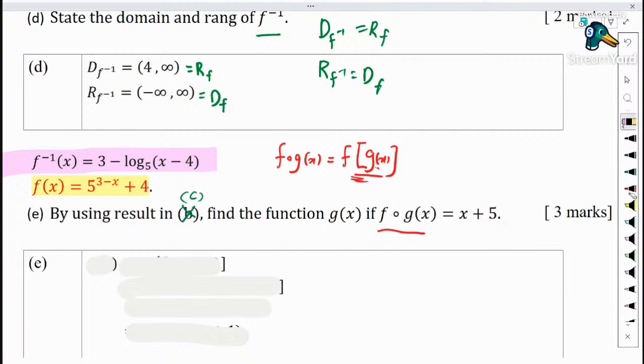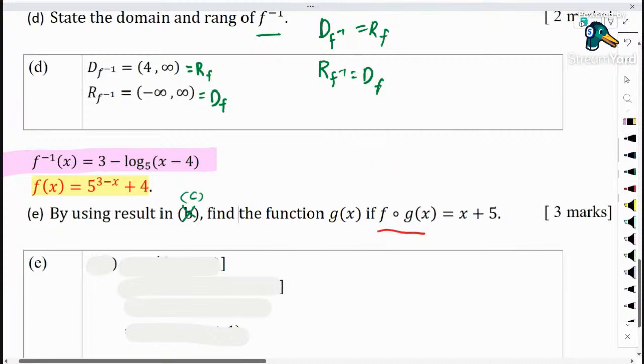So after you understand this idea, what if I substitute both of them into the inverse function, which gives the case of composite like this. Wait, how should I write it? Let me erase this part here first. I need to make use of the inverse.